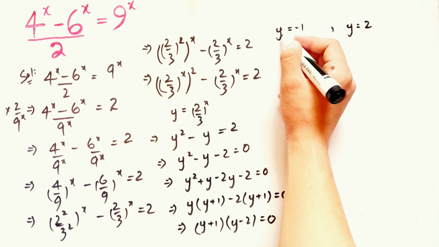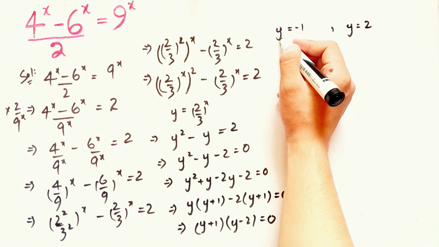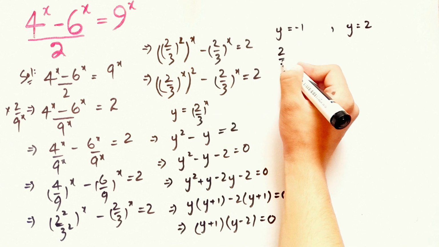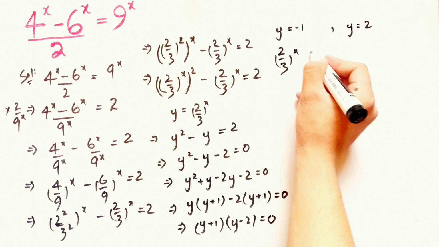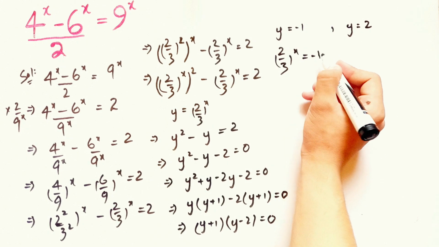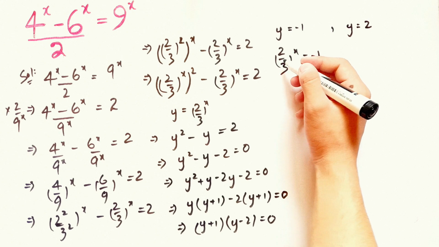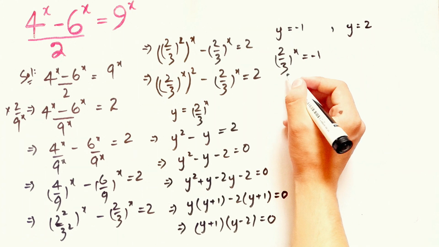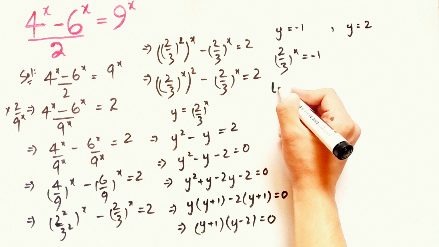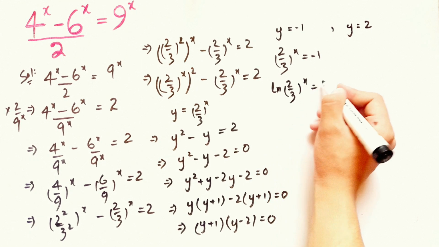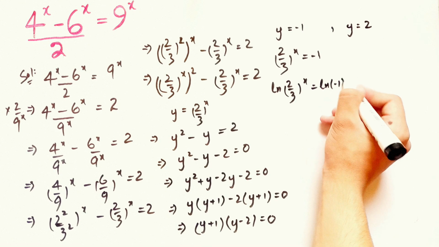But we have to again write this y as (2/3)^x to get the value of x. So this is −1, and now to get the value of x we have to take natural log on both sides of the equation. So taking natural log, this becomes ln of (2/3)^x, and this is ln of −1.